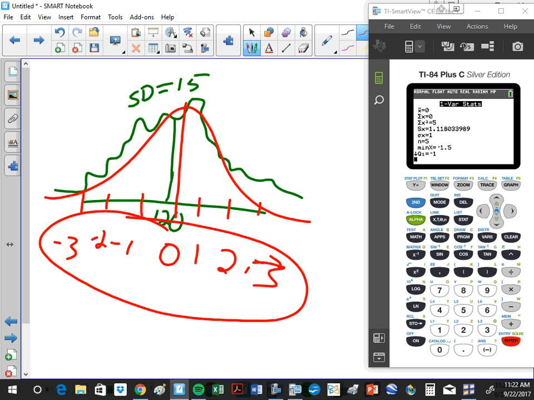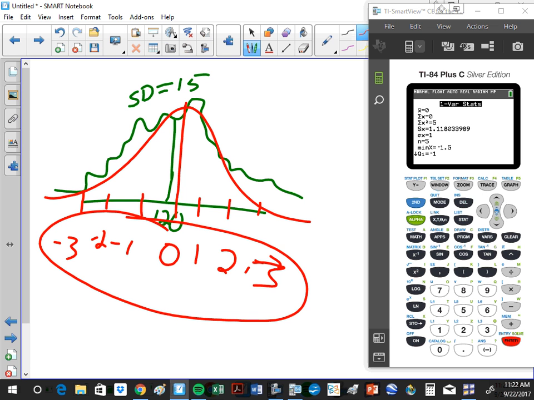If I were doing test scores, I could do all of my calculations in test scores. But if I needed to look up areas, I would have to do those areas in whatever units the test scores are in. Does that make sense? So instead of creating a different graph for every problem, we force every problem to the same graph. And as long as your information is normal, it works. If it's not normal, then it doesn't work.